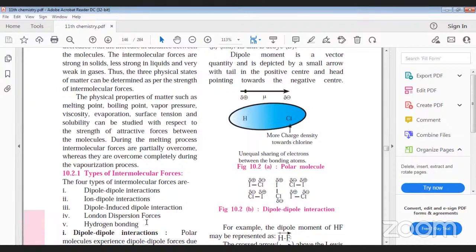We will study all five one by one, and there is a difference between each of them, so you have to understand them properly and not get mixed up.